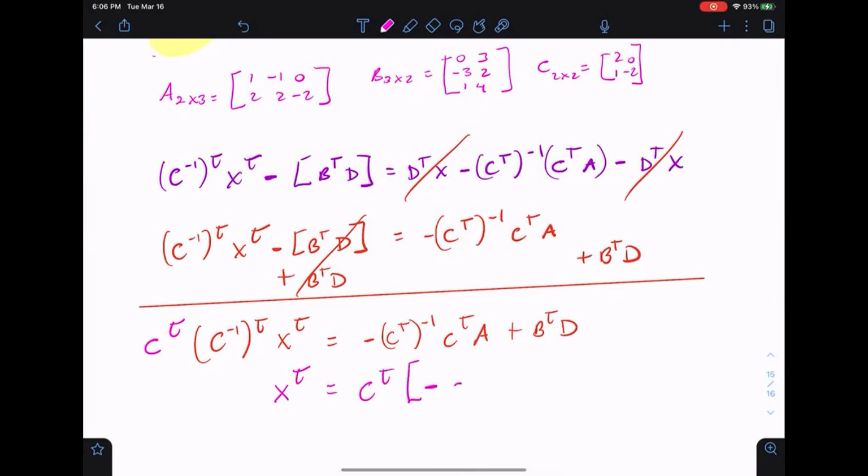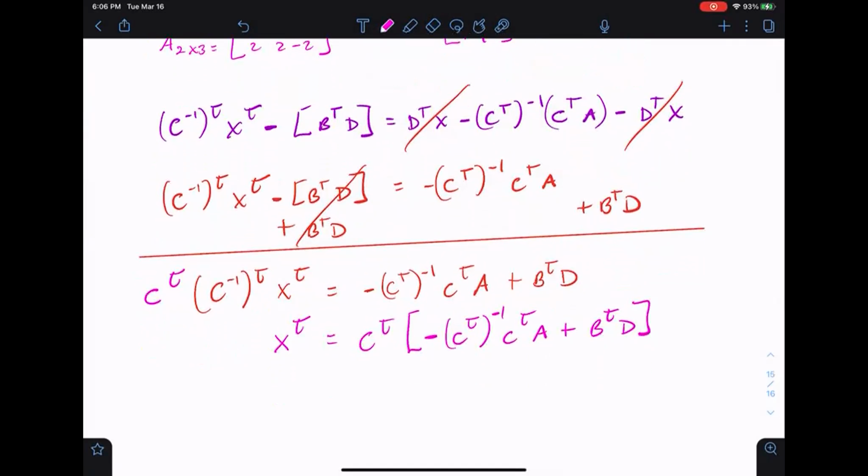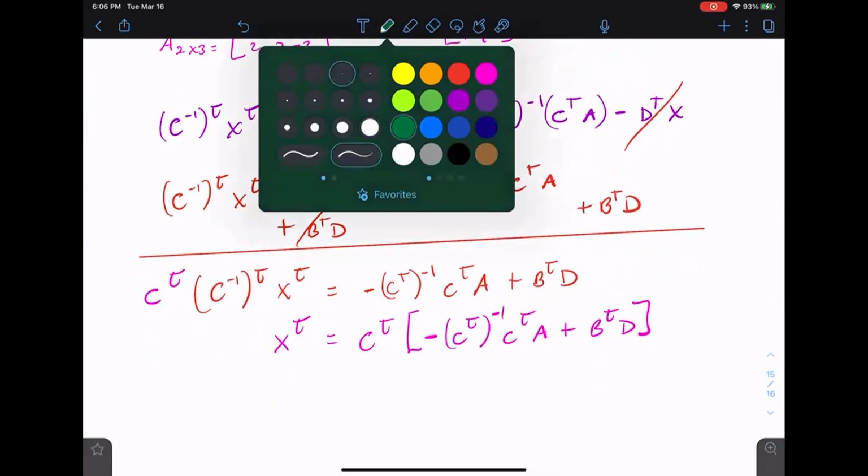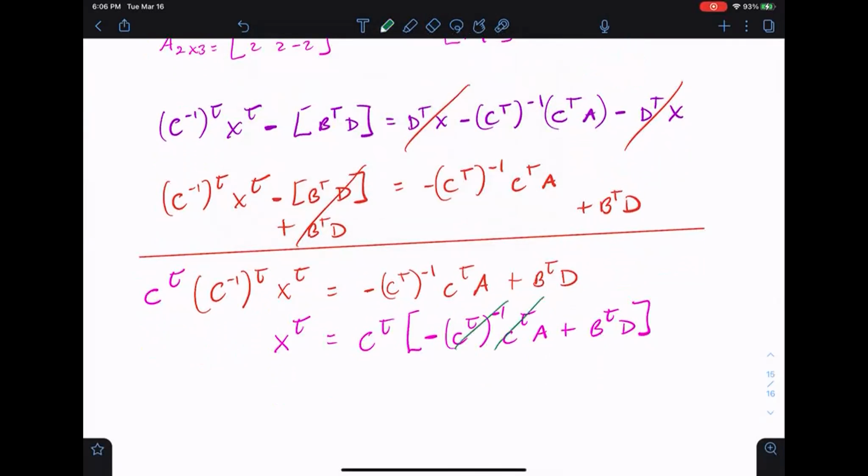Negative C transpose -1, C transpose, A plus B transpose D. And these two, they cancel. So basically you have negative A plus B transpose times D, times C transpose, and this is equal to X transpose.